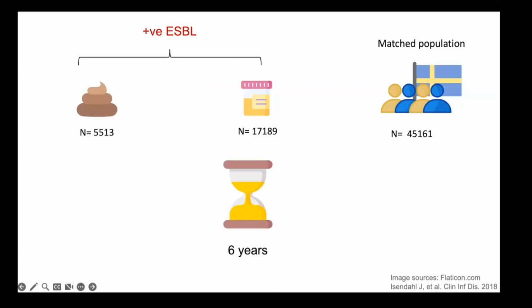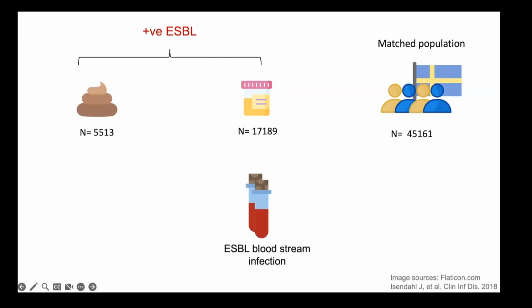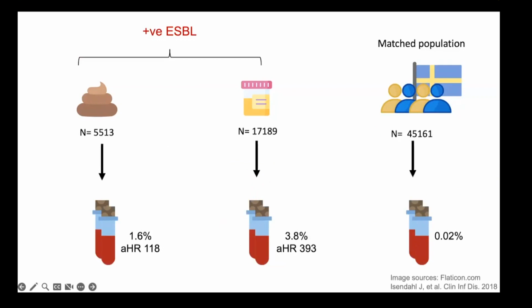They then followed these three cohorts for 6 years and calculated the incidence of ESBL bloodstream infections. And you can see here nicely the cumulative incidence of ESBL bloodstream infections differed across the three groups, with only 0.02% of those in the healthy uncolonized group having an invasive ESBL bloodstream infection, compared to 3.8% in the urine group and 1.6% in the stool group.